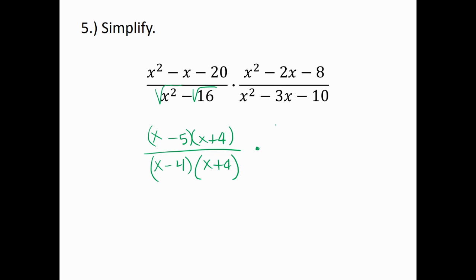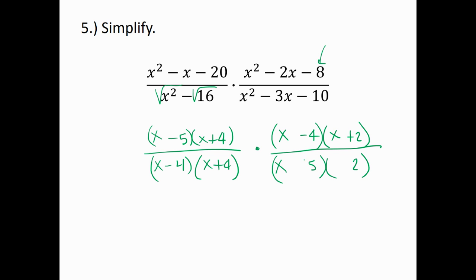And then this one, top right, two numbers that multiply to get -8 and add to get -2 would be -4 and +2. And then two numbers that multiply to get -10 and add to get -3 would be -5 and +2.